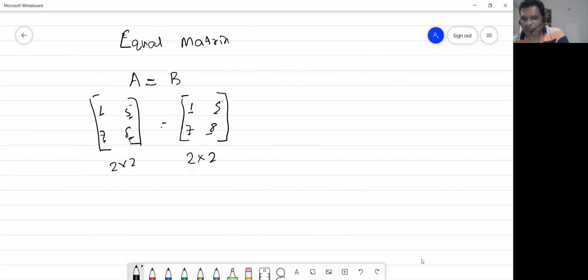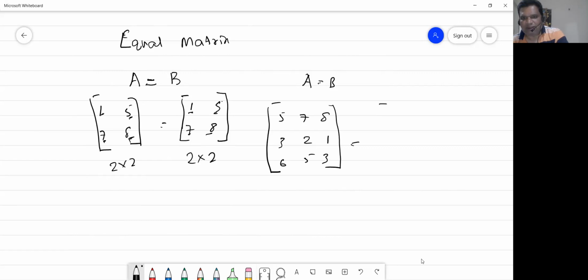Now I'll write one more example where A is equal to B. I'll write a matrix 5, 7, 8, 3, 2, 1, 6, 5, 3. This is one matrix.